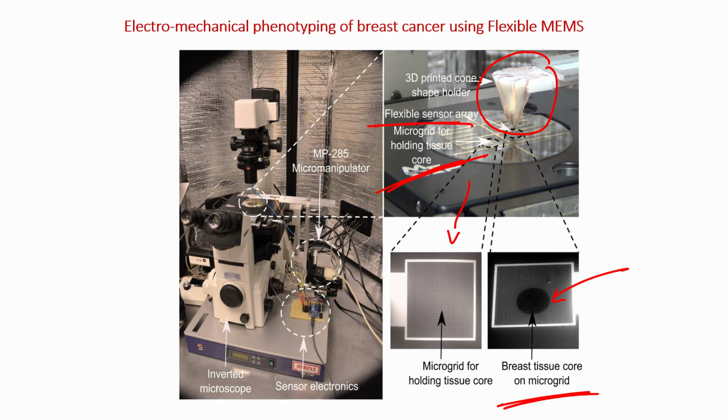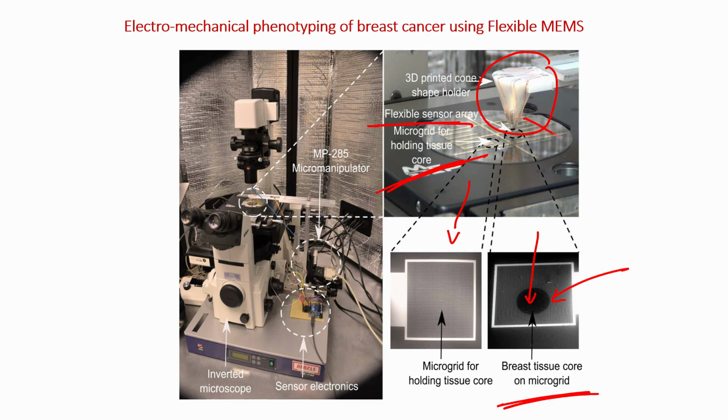Right. Now, what will happen if I indent this tissue, if I press this tissue? Then the piezoresistive sensors on my MEMS device would bend, and that bending will correspond to the elasticity of the tissue, correct.